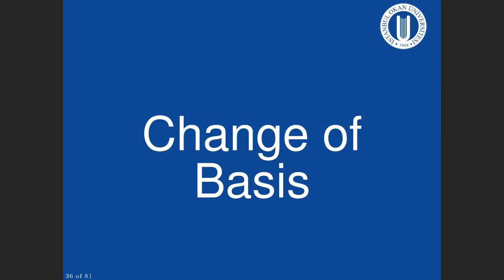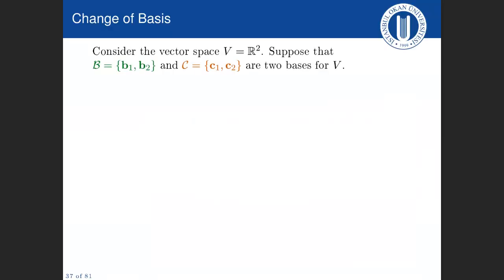My third idea for this week's lesson is the idea of change of basis. Let's suppose we have the vector space R2, and let's suppose we have 2 bases for V, and let's suppose they look like this.